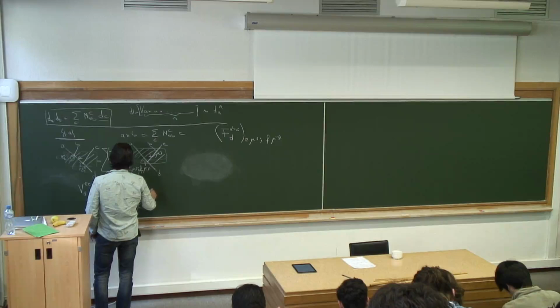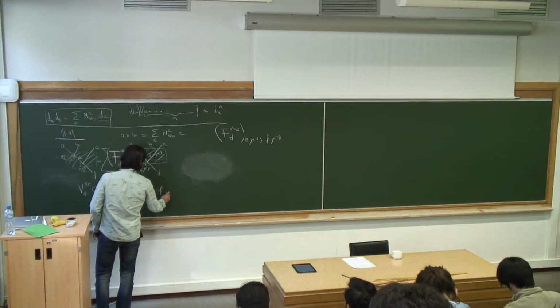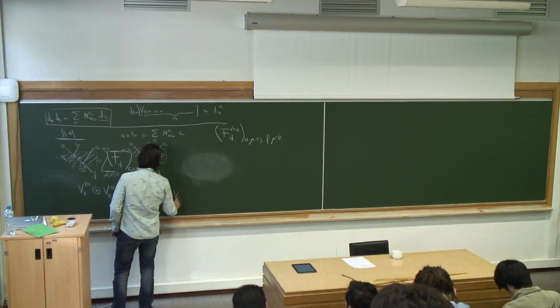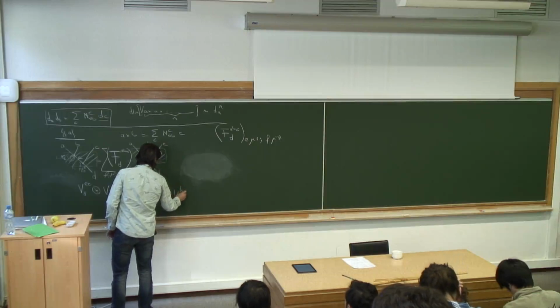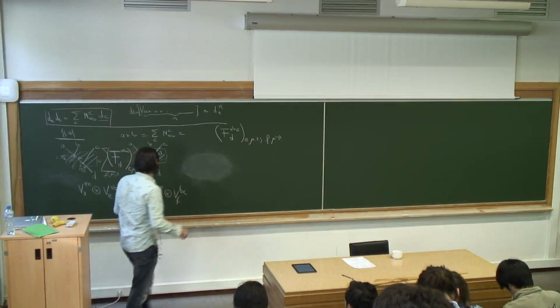Sum over F of the Hilbert space of splitting D into A and F times the Hilbert space of splitting F into B and C.